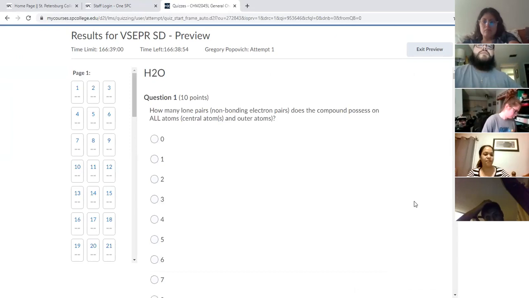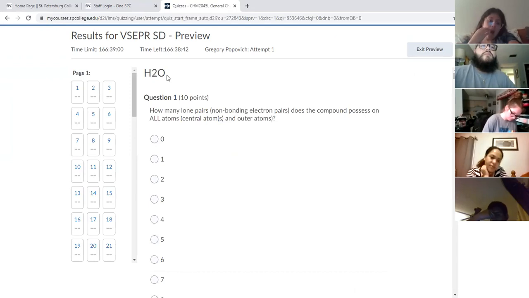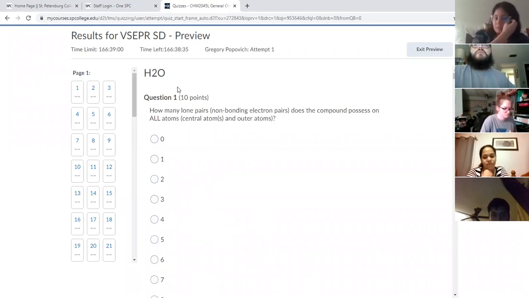Okay, guys, be prepared on this. You are going to have a compound listed. You need to draw the Lewis dot structure of the compound that's listed. And you have to read the questions carefully when you are dealing with VSEPR or Lewis dots.